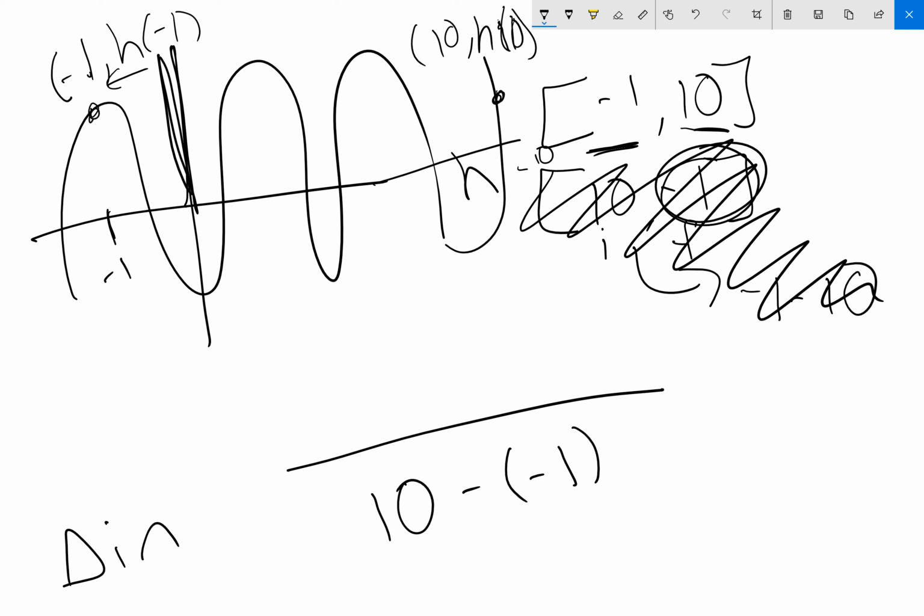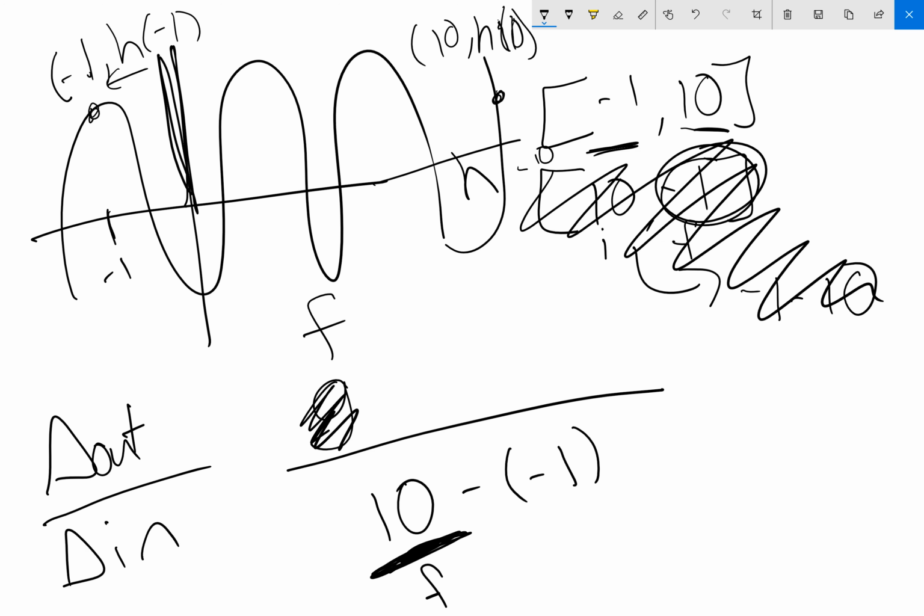Now, change in the output. This is our final point, so we need our final output: h of 10 minus h of -1. So this is how you do average rate of change given a graph. That kind of goes over number 1, so let's move on to number 2.